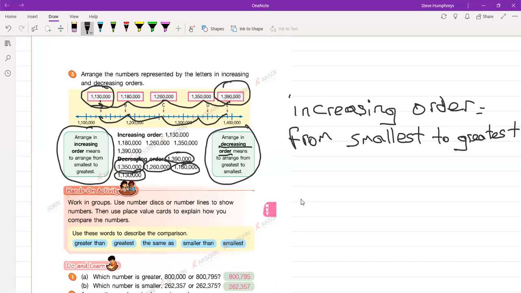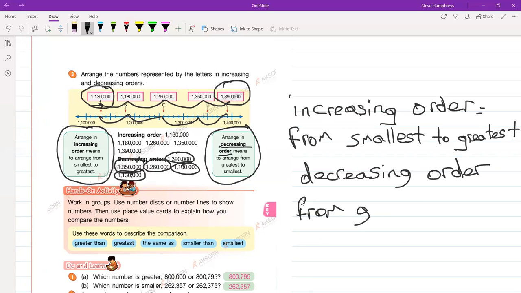And decreasing order, from the greatest to the smallest.